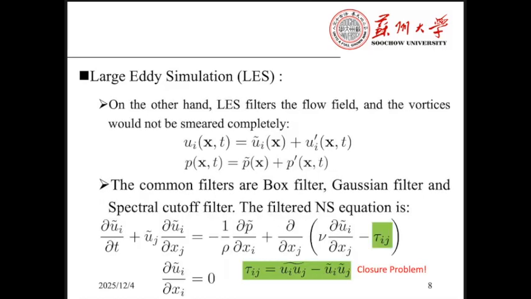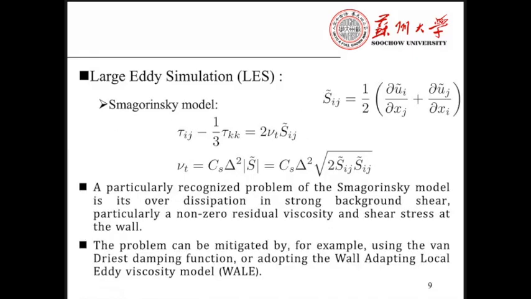So we have to introduce the so-called subgrid models to model this tau ij. The most famous subgrid model is the Smagorinsky model. It uses the turbulent viscosity hypothesis and relates the turbulent viscosity with the strain rate of the resolved flow.